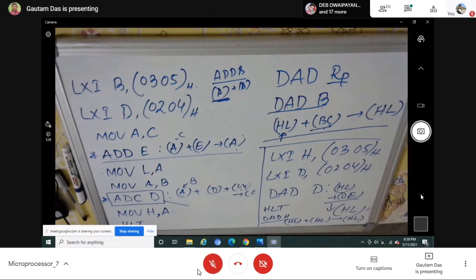Who told you LXI means load register pair immediately? Who designed the processor instruction LXI? They told you, and we are only telling you that. If ADX is not used in the 8085 processor, we cannot interpret its meaning as add register pair. Never. Because what instruction will be used in a processor is already designed by the designer of the 8085 processor.